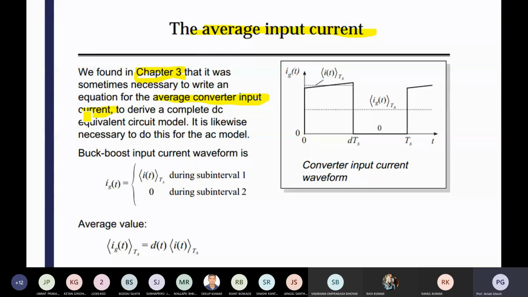So why is it significant? As I told in some of my previous classes, a power electronics converter has two circuits: one is called the power circuit, and the other is called the control circuit. Normally the power circuit is decided by the topology of the converter, that is, what type of topology you are using for the power or energy conversion.